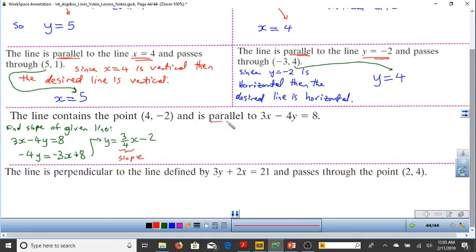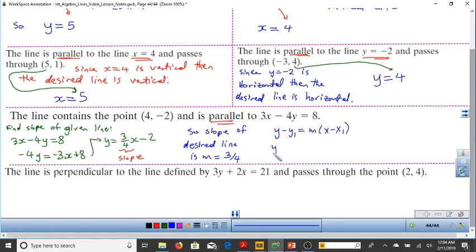Now, since the lines are parallel, the slope of the desired line is the same. So using the point (4, -2) and the point-slope form, y minus y1 equal to m times x minus x1, we just solve for y.